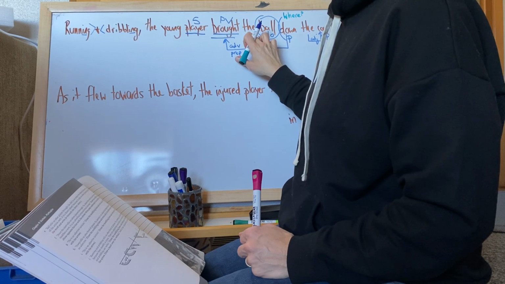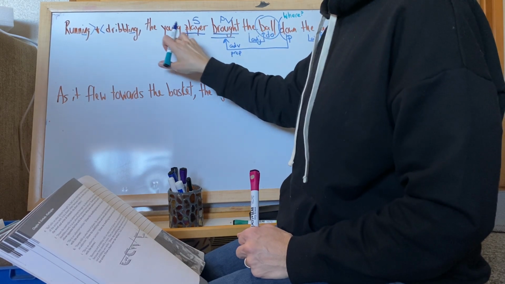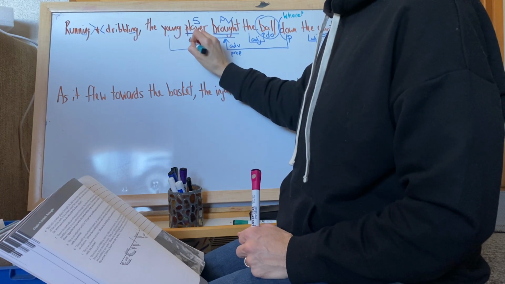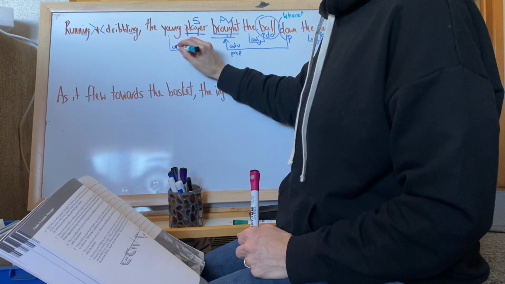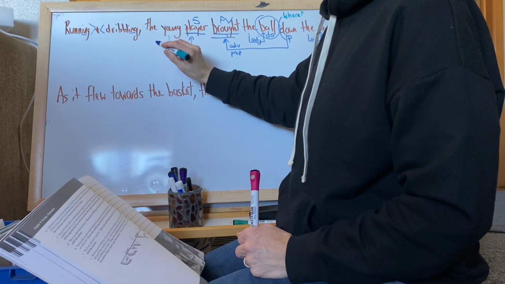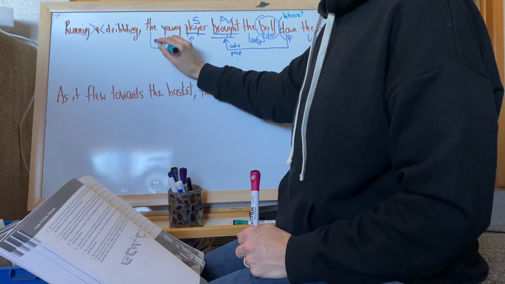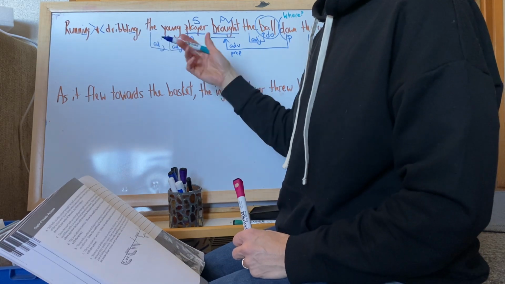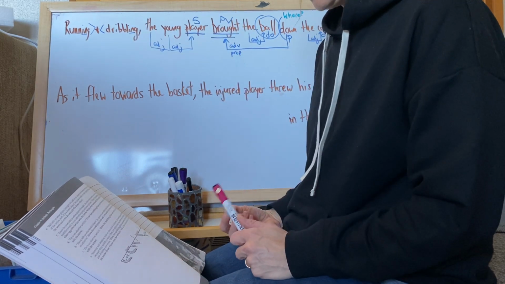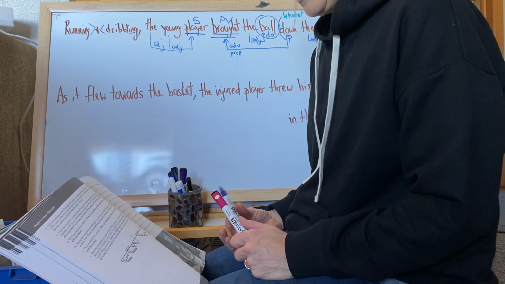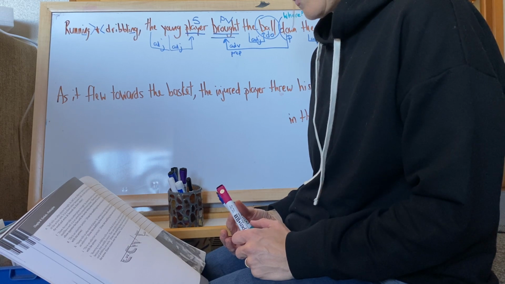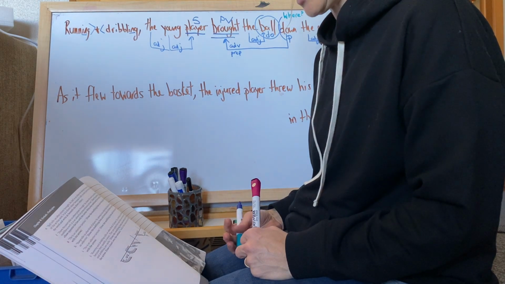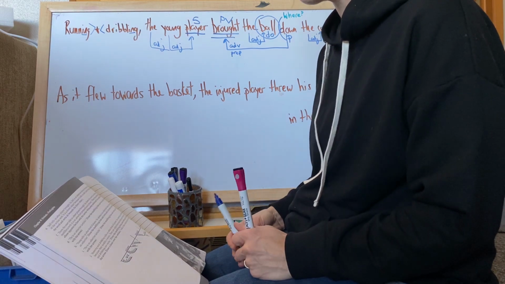We already took care of that article. Young and the. Which player? The young one. It's describing. It's a descriptive adjective. The is an article. Now we have running and dribbling. They're participles. Running and dribbling tells us what kind of player, right?